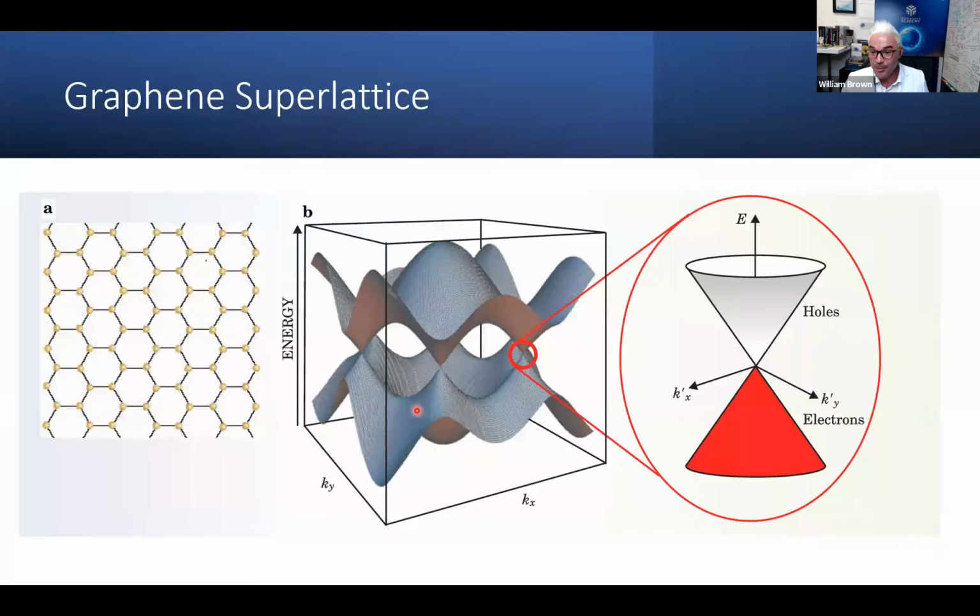The team achieved this by constructing devices from what are known as graphene superlattices and leveraging that kind of nonlinear interaction at that Dirac point.